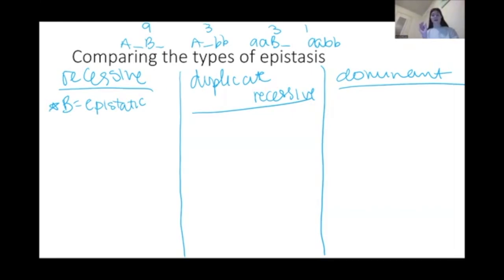So B right now is saying, is there going to be color? And saying yes or no. And then if B says yes, there's color, then A is going to say what the color is. So in this case, my B allele is going to be the epistatic gene. And because this is recessive epistasis, little b equals no color.